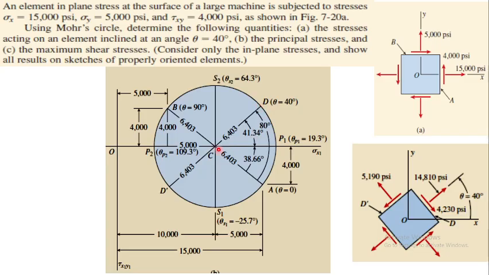And if you want to calculate this value, which is going to be your sigma x1, it will again be the radius cos of 41.34. So here you calculate the values of the normal stress, sigma x1, and the shear stress, tau x1 y1.